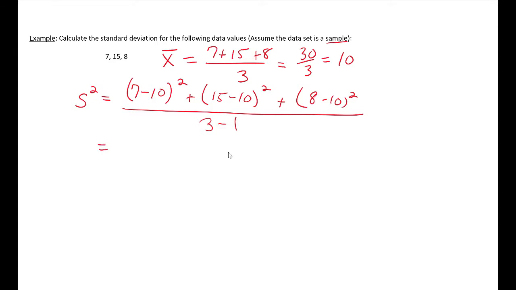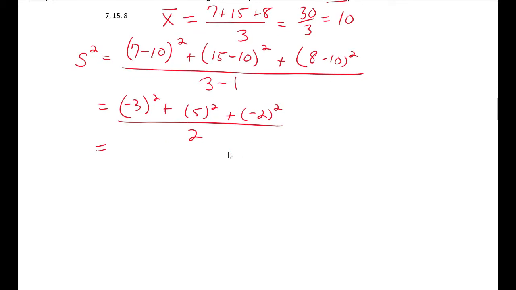All right, so let's quickly calculate this. 7 minus 10 is a negative 3. We still need to square it, plus 5 squared, plus a negative 2 squared. Just worked out the subtraction there, divided by 2.